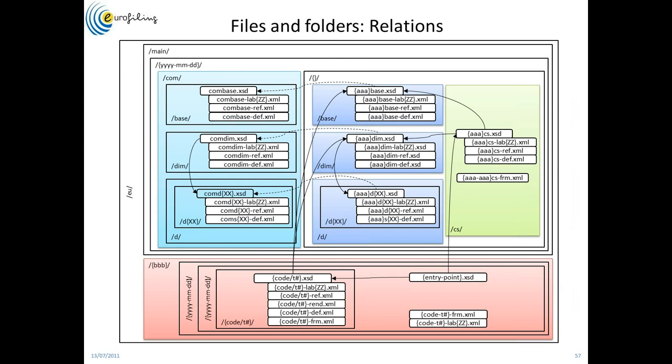And this is the same presentation, but in the structure of the folders and files. So we have the base concepts, so primary items defined for the common dictionary, dimensions defined for the common dictionary, and each of the domains separately. So each of the breakdowns defined for the common dictionary. We have exactly the same for the domain specific.